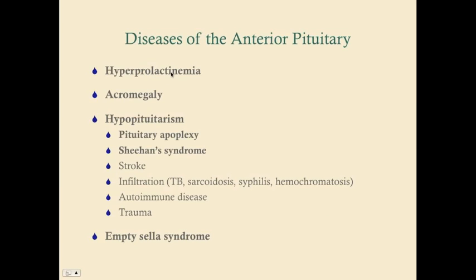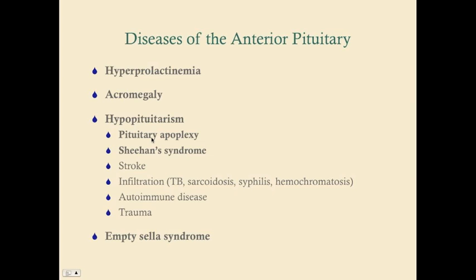Okay, so the diseases of the anterior pituitary. We're going to talk about two of them that come from functioning adenomas. The most common functioning adenomas would be a prolactin-secreting adenoma and a growth hormone-secreting adenoma. And those would be hyperprolactinemia and acromegaly. There's also non-functioning adenomas, which would be a cause of hypopituitarism.